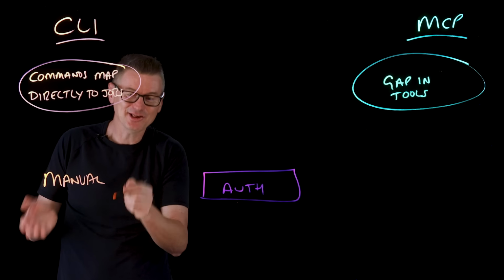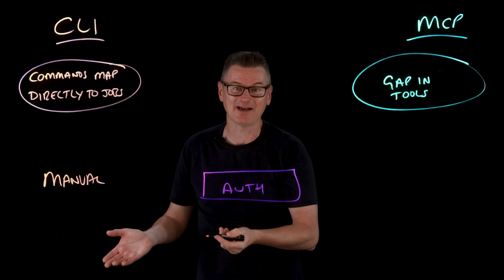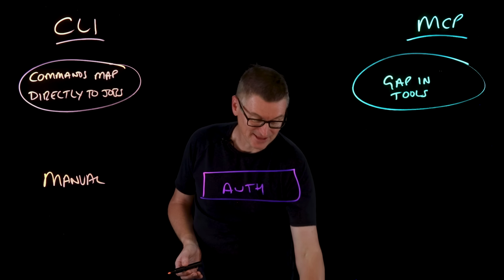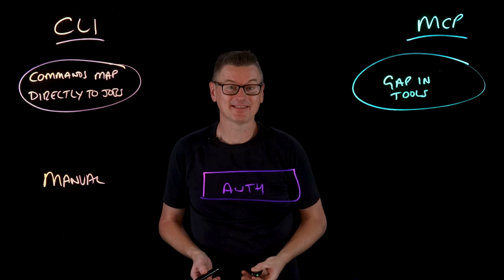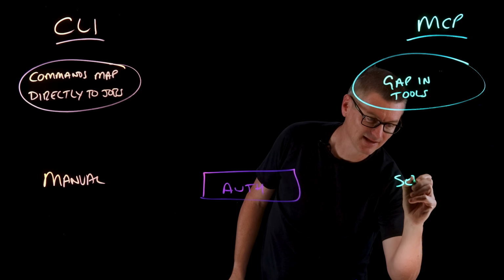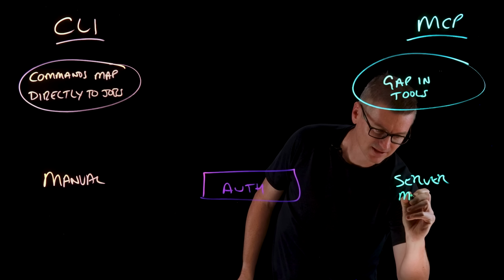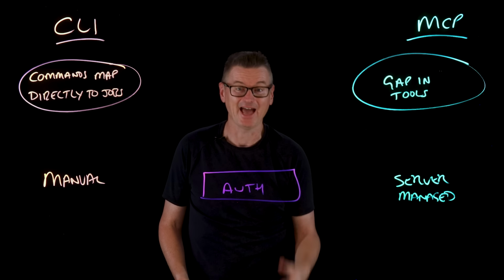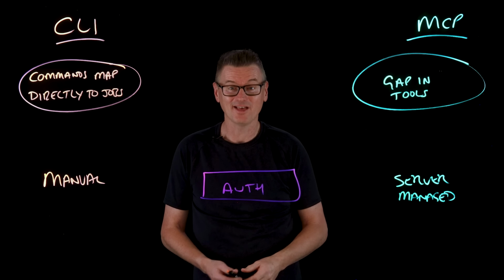Now, the AI agent is doing it, but it's still manually having to do so. Whereas with MCP, the MCP server takes care of all of that. So we could say this is actually server managed rather than the agent having to do it itself. The agent just says what it wants done.